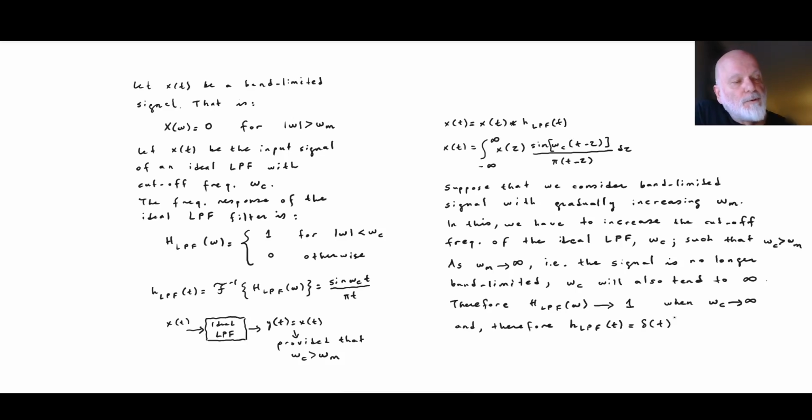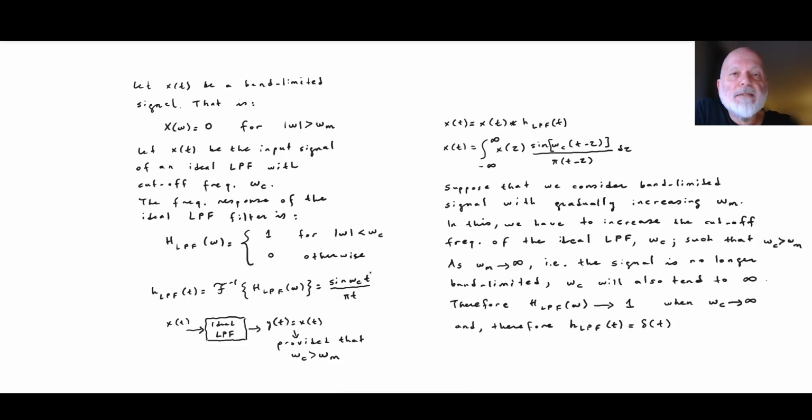Now we can also see this from the impulse response, sine omega c t divided by pi t. When omega c tends to infinity, sine omega c t for t close to 0 is approximately equal to omega c t, divided by pi t. So at 0, the value is omega c divided by pi.